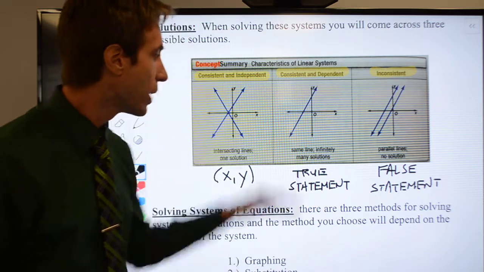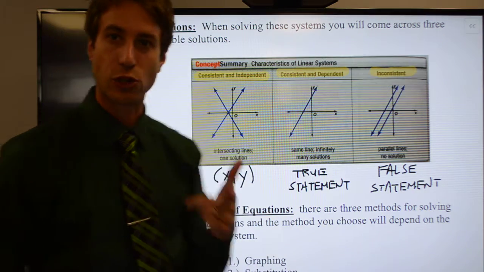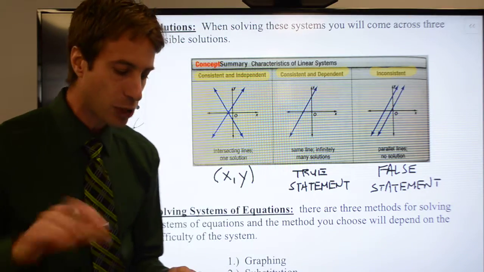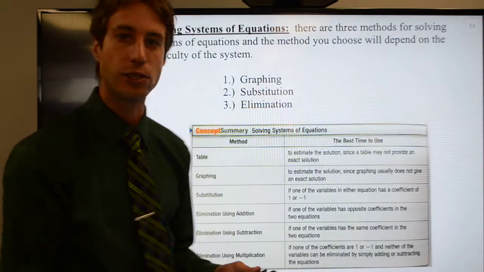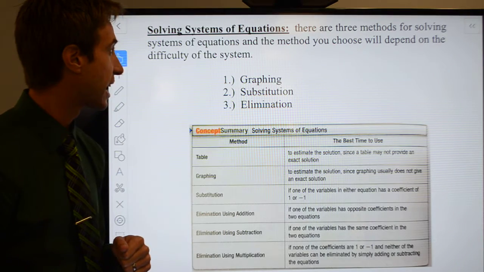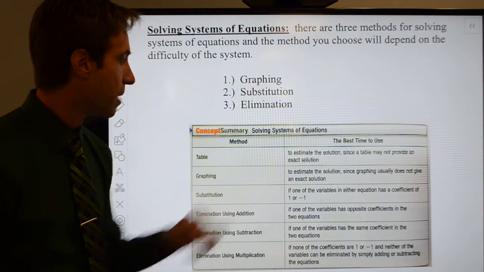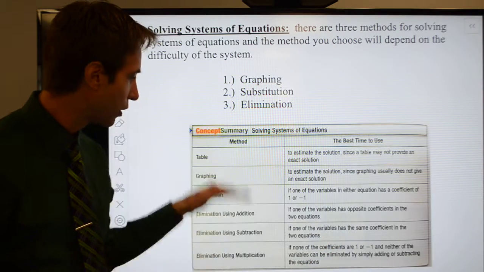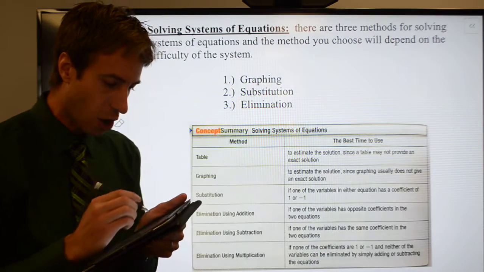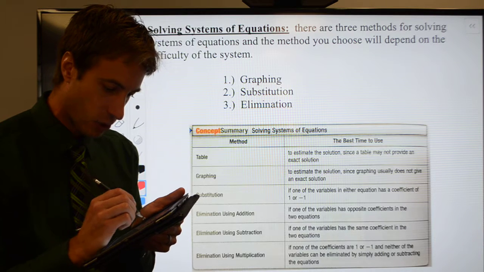Now, we are going to look at how to solve these guys graphically first, but the algebra will be coming, and so I want to talk about what we're going to do when it comes to solving these guys algebraically. This chart sort of lists out all of the different ways, and we will use most of them. In fact, we're going to use all of them except for this one.